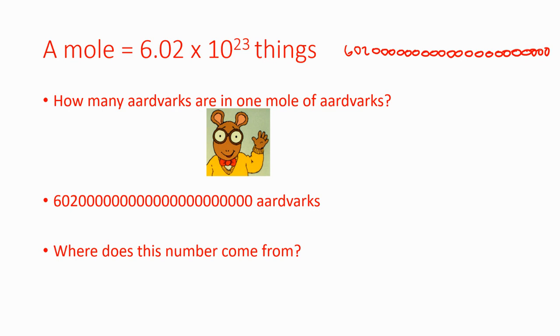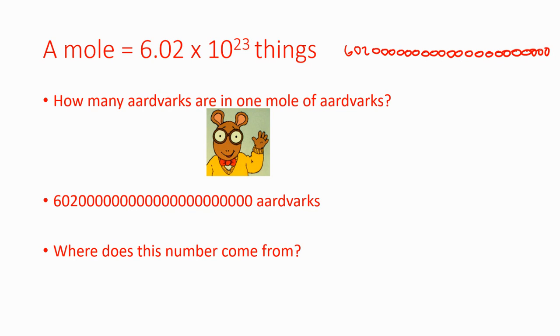And it is an absolutely enormous number. And it can represent the number of atoms in a mole, just like the number 12 can represent the number of donuts in a dozen.